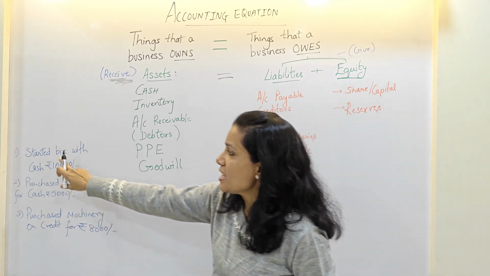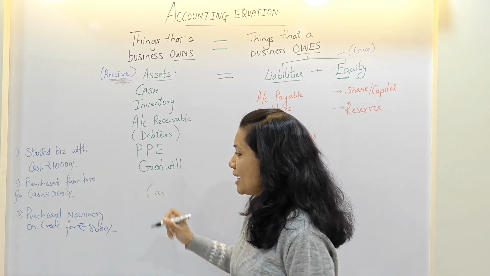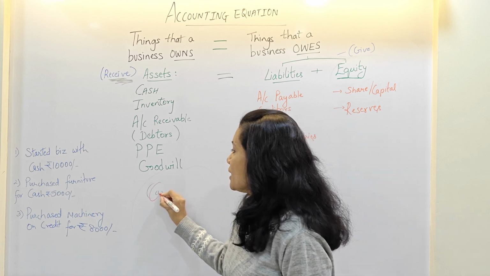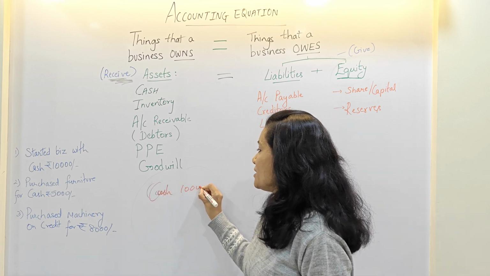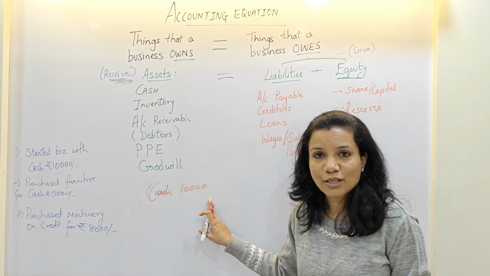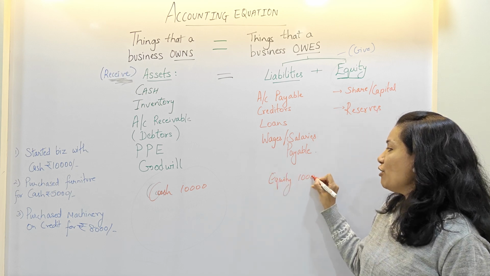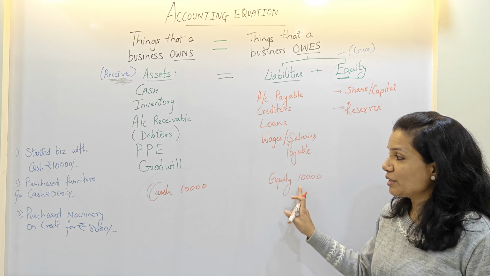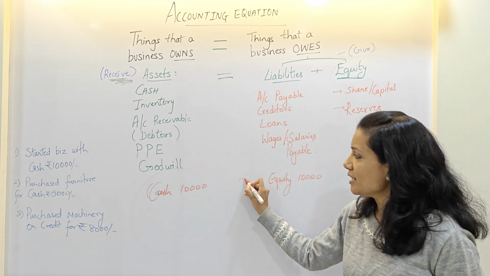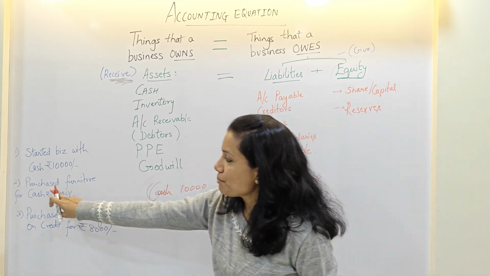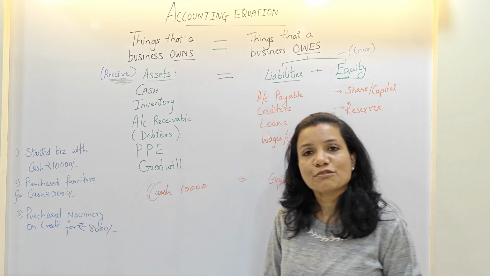Let's quickly confirm it. Started business with 10,000. When I start business with 10,000, let's say cash 10,000. The business will receive 10,000 cash and this cash will be represented by equity of 10,000. This belongs to me, so equity. Assets and liabilities plus equity, is it equal? Yes, it is. Next, purchase furniture for cash, rupees 5,000.